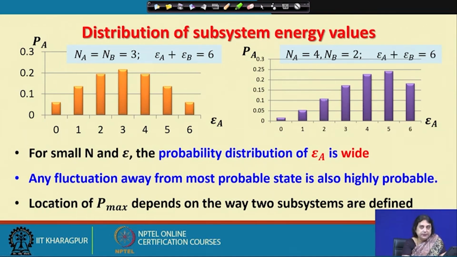Therefore, the system has a non-zero probability of residing not only in this state, which is epsilon A equal to 5, but also nearly equal probabilities of residing in the states epsilon A equal to 6 or 4, and a relatively lower but finite, non-zero probability of being located in any of these states.